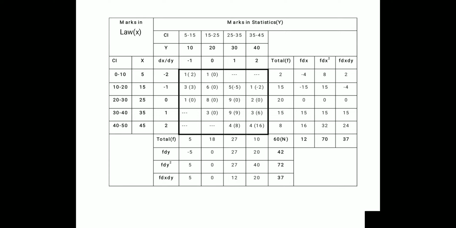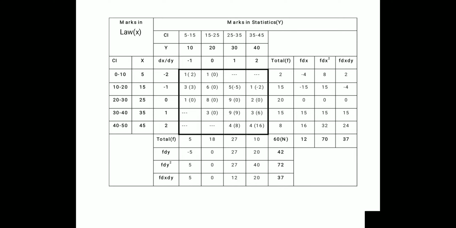The next step is to calculate f dx and f dy, that is f into dx and f into dy. Now we have frequencies for each row and each column. For each row frequency, dx has to be multiplied and we will obtain f dx, that is minus 2 into 2, minus 4. 15 into minus 1 is minus 15.